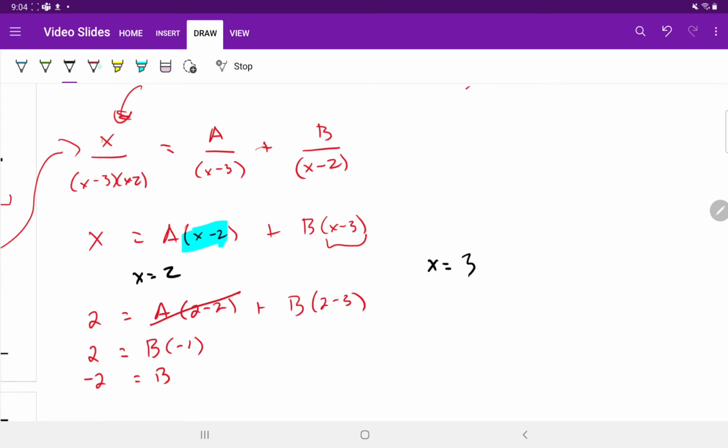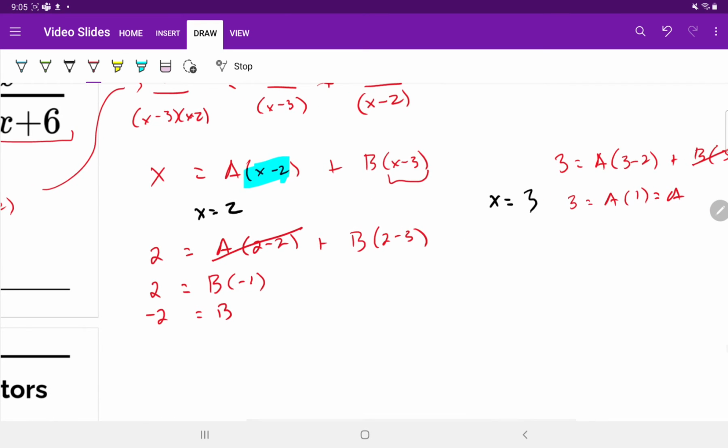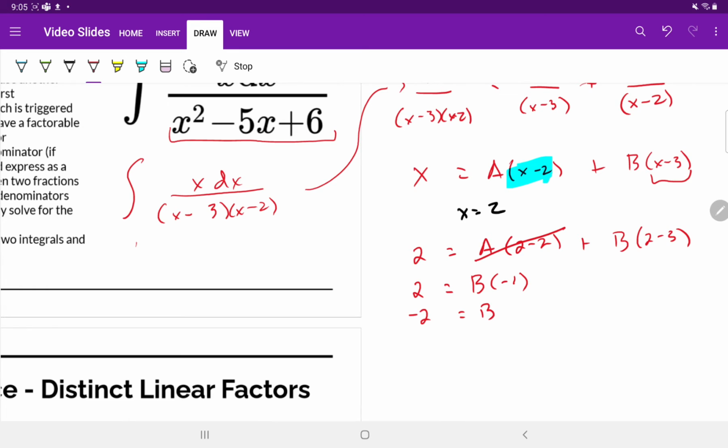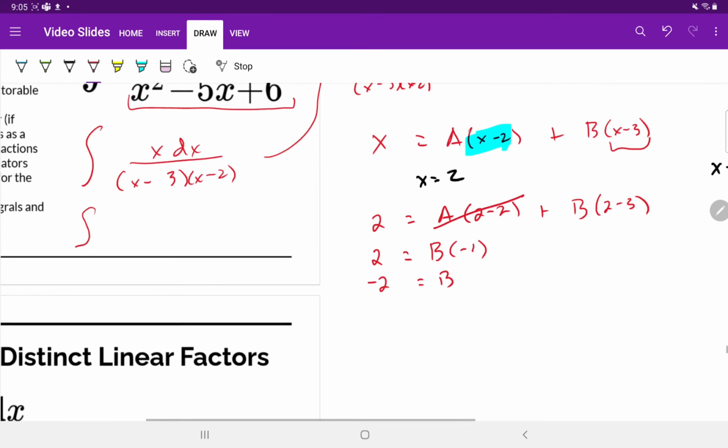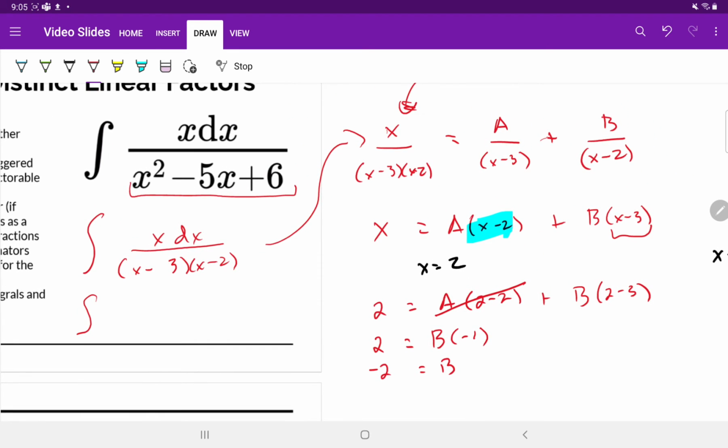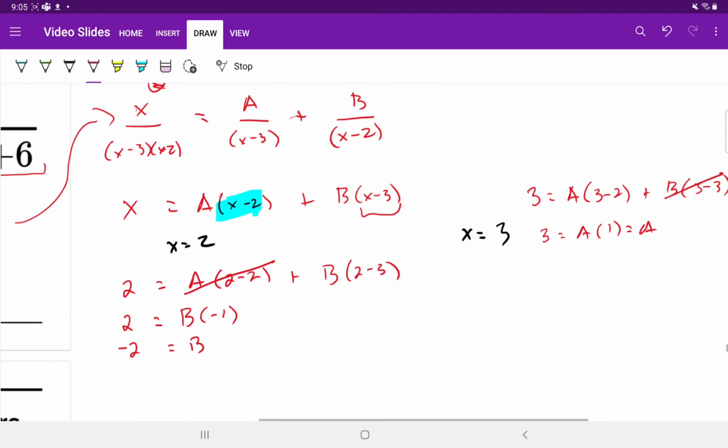So as x is equal to 3, I'll say 3 is equal to a times (3 minus 2) plus b times (3 minus 3). This cancels, so I'm left with 3 is equal to a times (3 minus 2), and 3 minus 2 is 1, so that's just equal to a. So if I come over here, I can rewrite this as the integral of a over x minus 3, but I know my a now is 3.